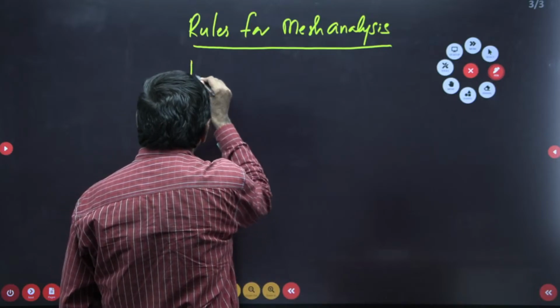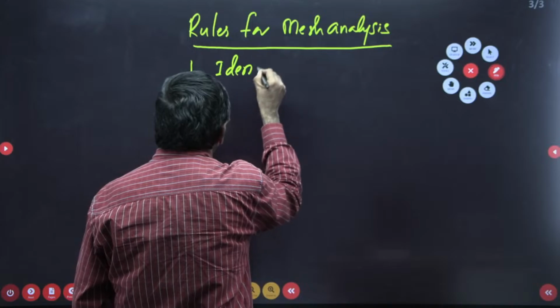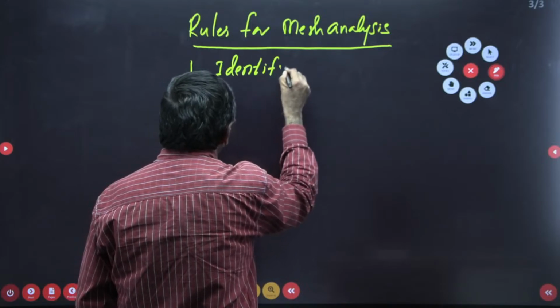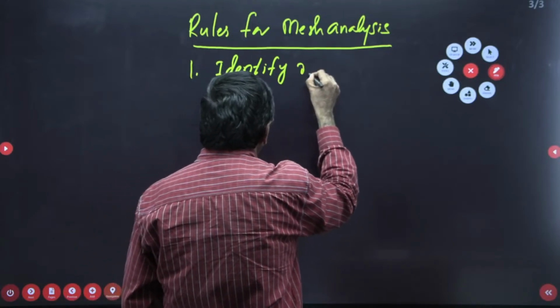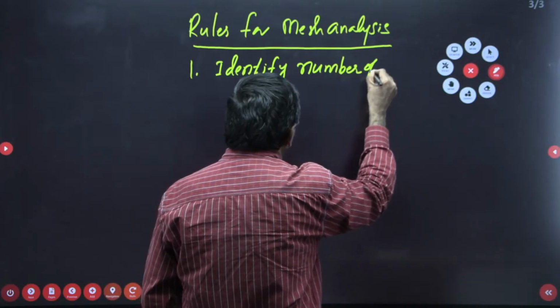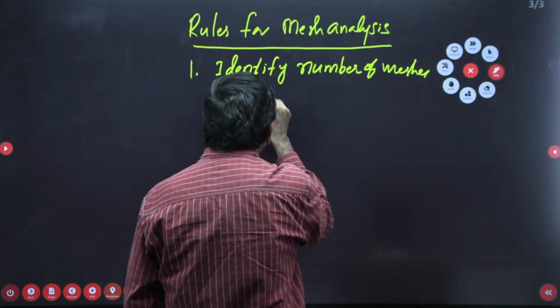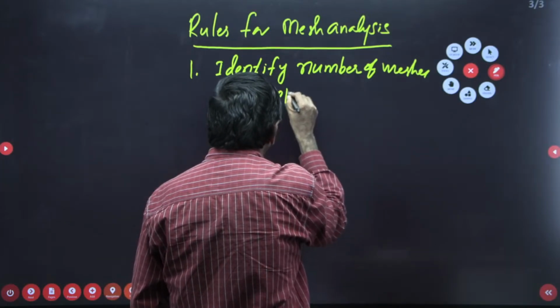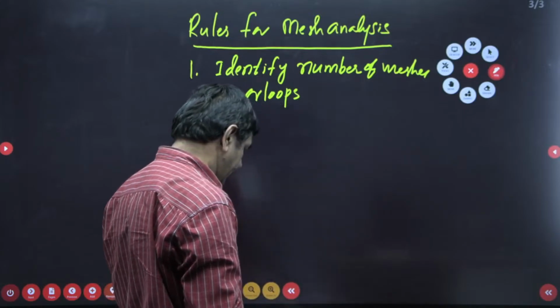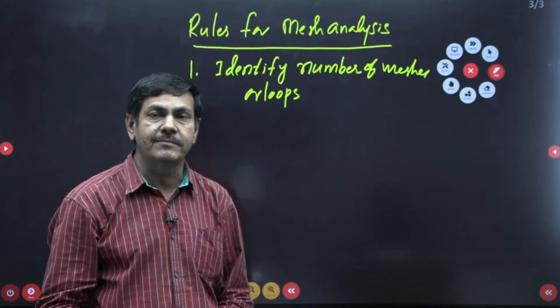Point number 1, identify the number of meshes or loops. That is very, very important. How many meshes are there, or how many loops are existing, you try to identify.